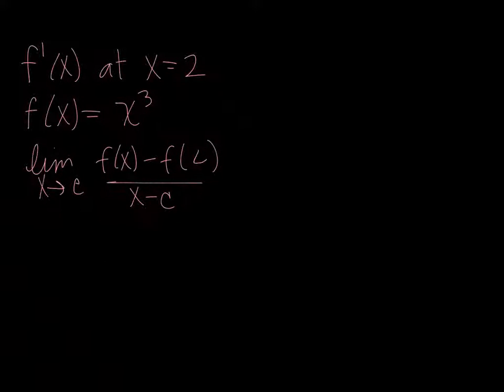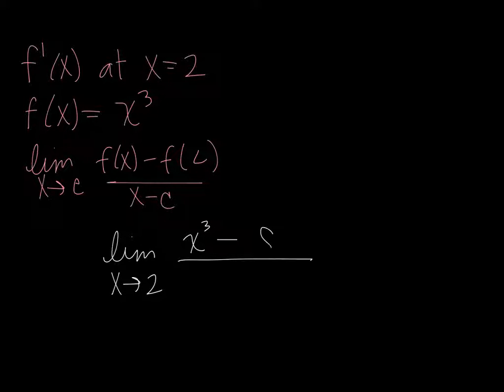So the answer is the limit as x approaches 2 of f of x, which is x to the third, minus f of 2, which is 8, all over x minus 2.